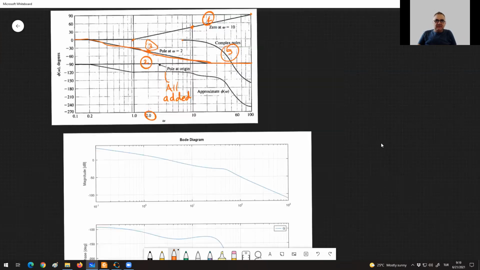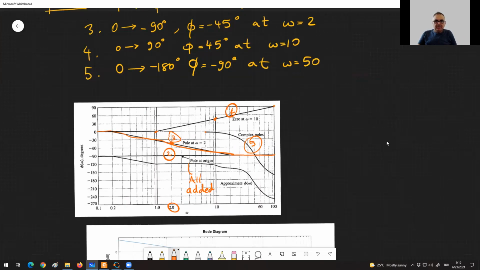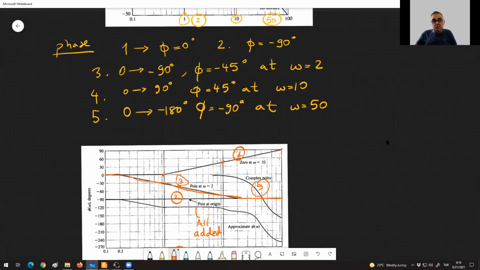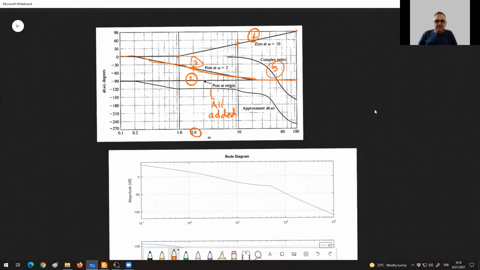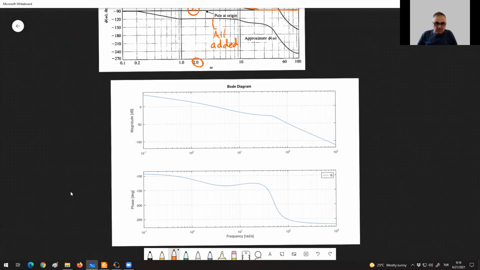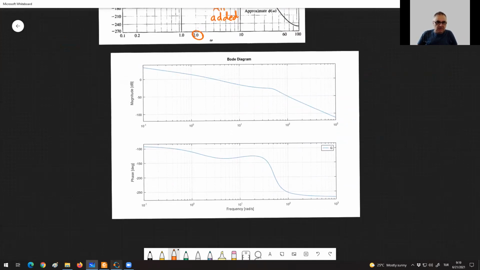Well, this is not very easy to do by hand. And as you see, it's quite easy to do by a numerical software.